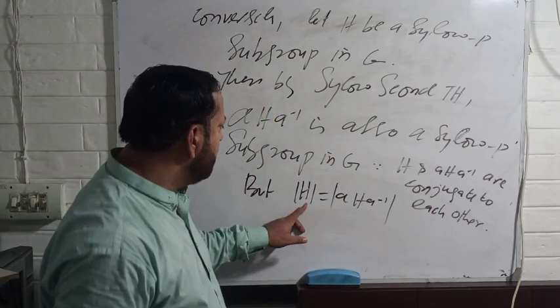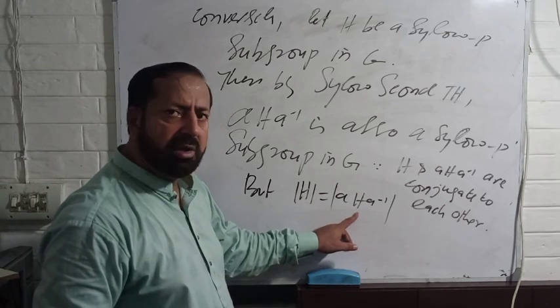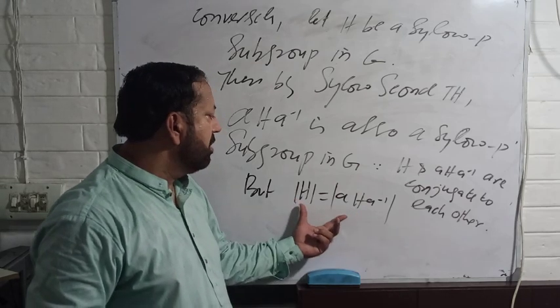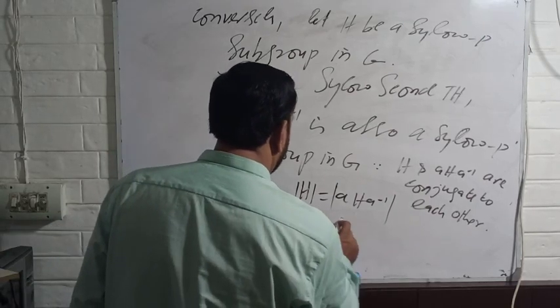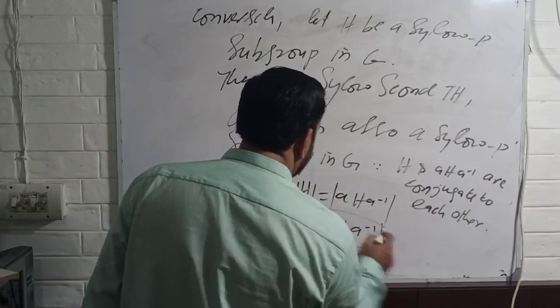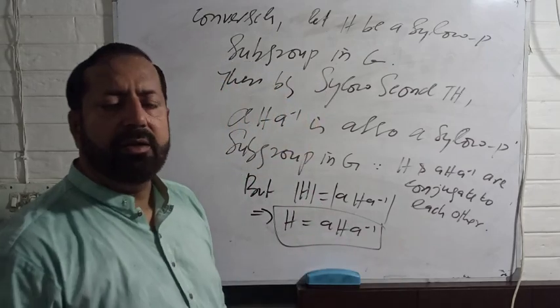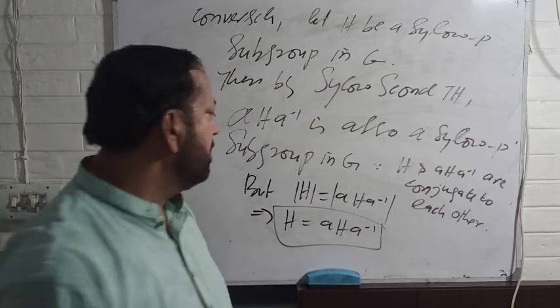Okay. Now see, if the orders of these two subgroups are the same, then of course both sets are equal. So this implies H is equal to AHA inverse.